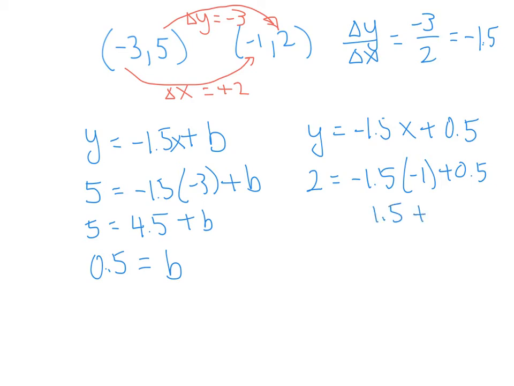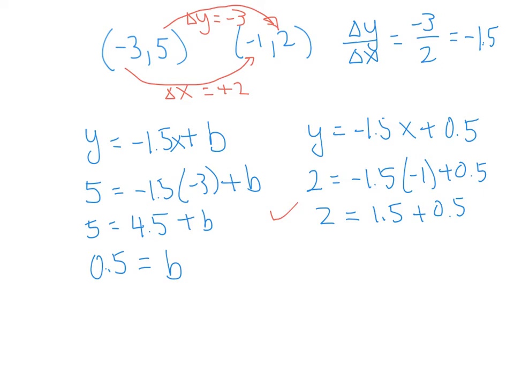So 1.5 plus 0.5 does in fact equal 2, and therefore we have found that -1, 2 is also a solution for this equation. That means we've found the equation that has the slope of -1.5 and goes through both these 2 points. So we've completely satisfied it.